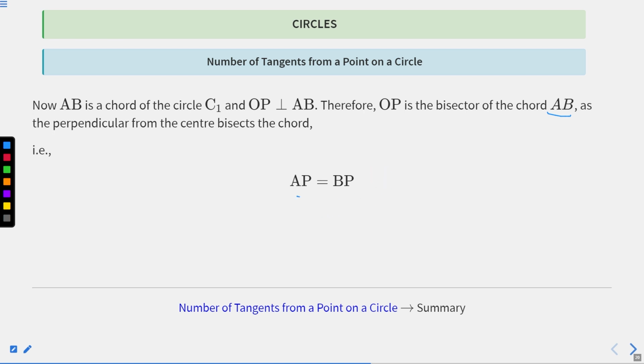That is, AP is equal to BP, and hence proved.